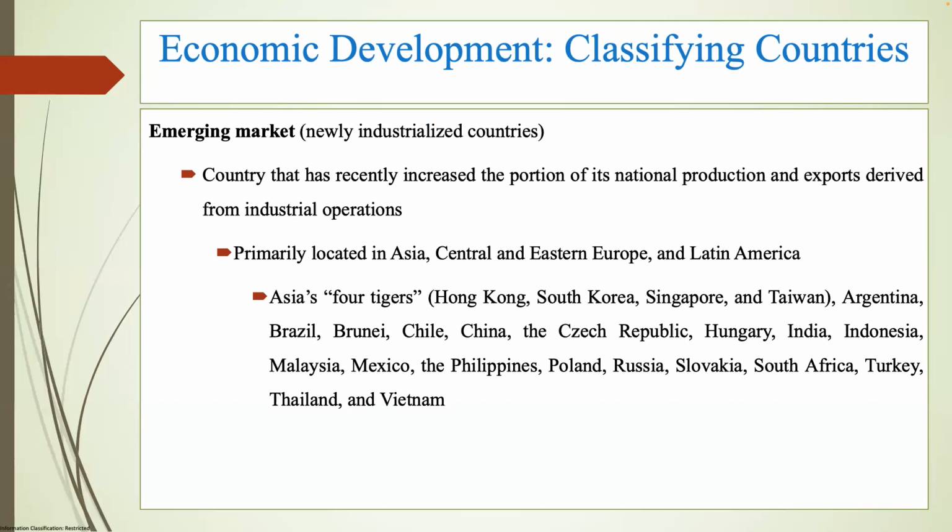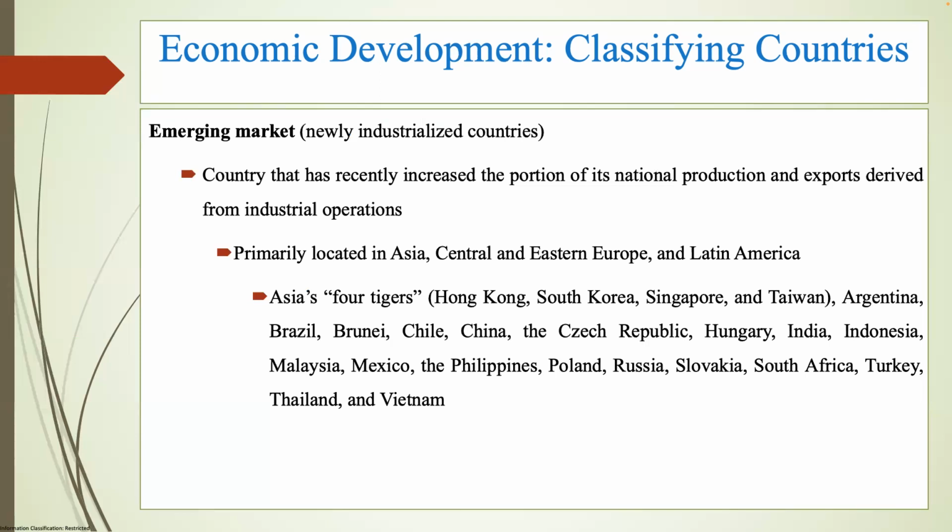Classifying the countries, emerging markets, for example. We say that emerging markets are newly industrialized markets. Countries that have recently increased the portion of their national production and export derived from industrial operation are emerging markets, are industrialized countries.